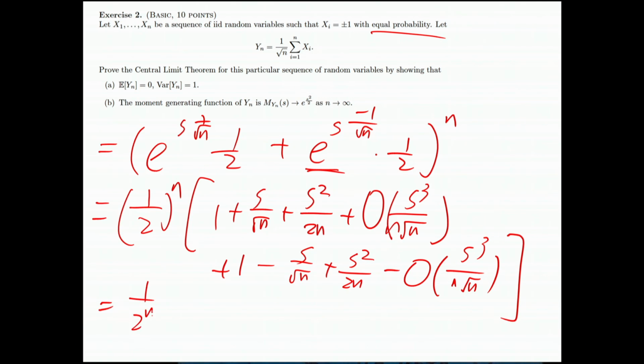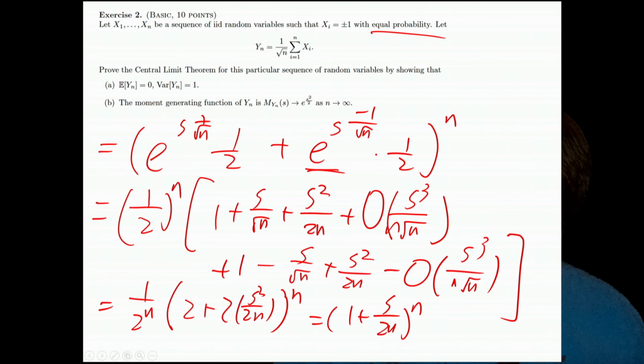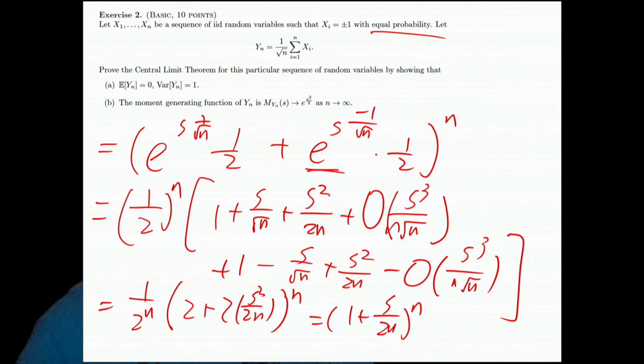Finally this is 2 plus 2 s squared divided by 2n, to the n, which is 1 plus s squared over 2n, to the n. If n goes to infinity, by lecture notes, you finally find this goes to e to the s squared divided by 2.